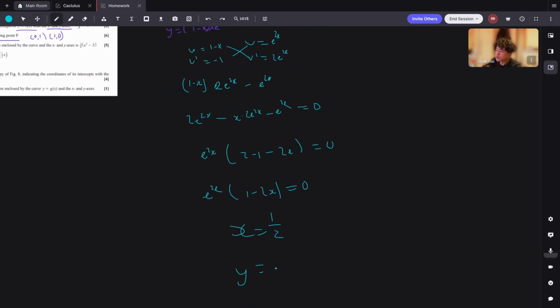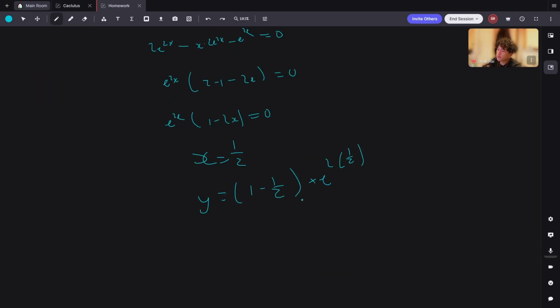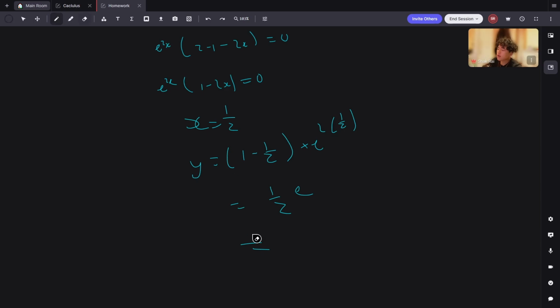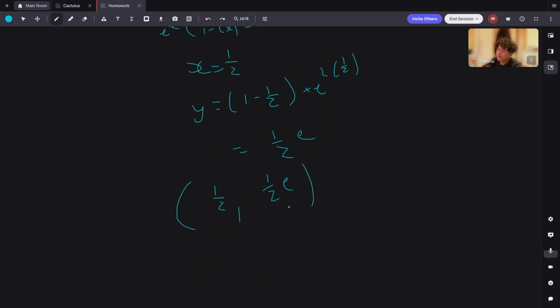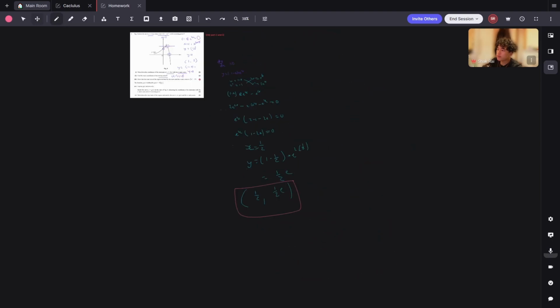So y equals (1 minus 1 over 2) multiplied by e to the 2 times a half. So this equals a half times e, and I'm just going to leave it like that actually. So the turning point is when the coordinates are x equals a half and y equals a half e.